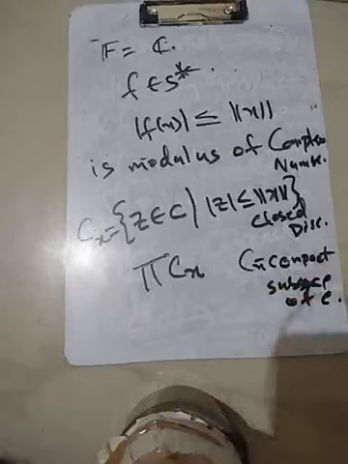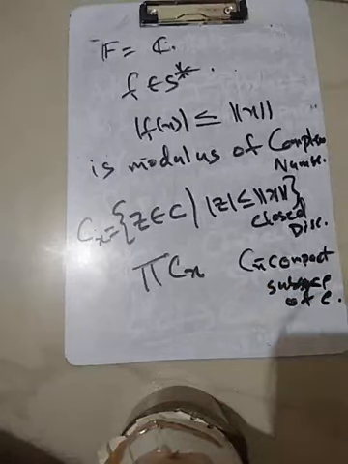F can be identified with an array over here, using Tikhonov's theorem and so on.